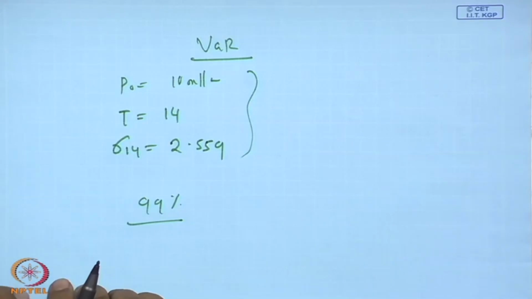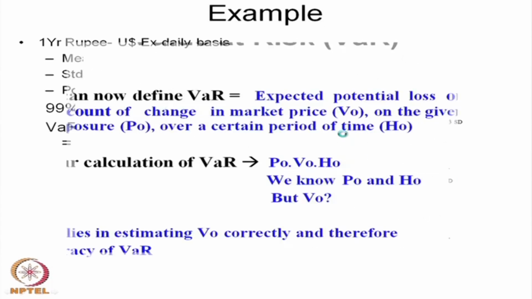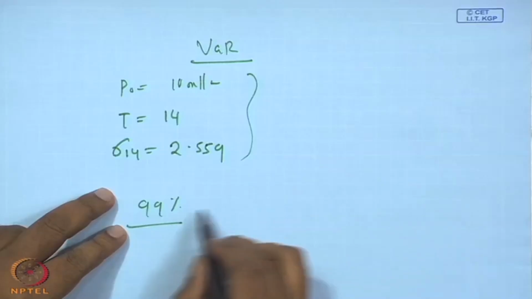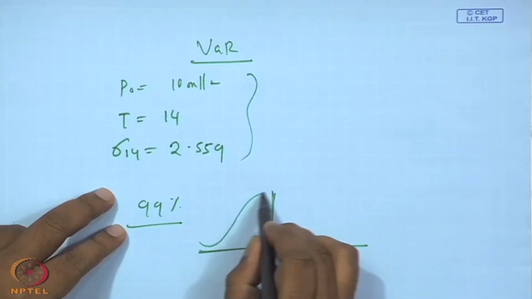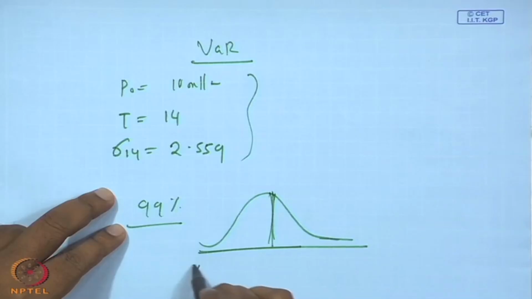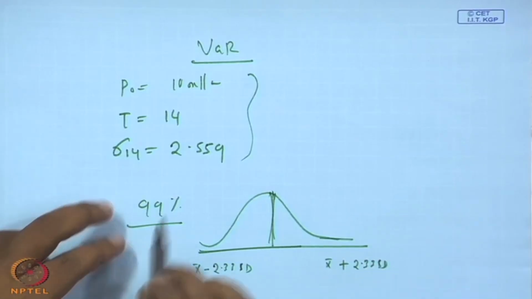Then, on the normal distribution curve, 99% sure will be x bar minus 2.33 standard deviation and x bar plus 2.33 standard deviation.